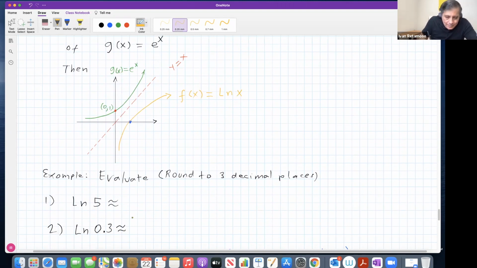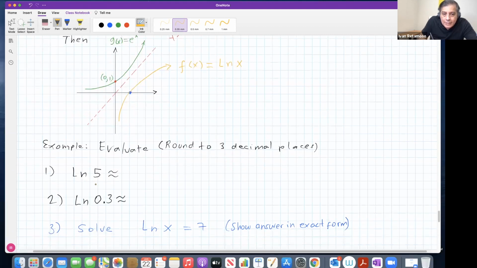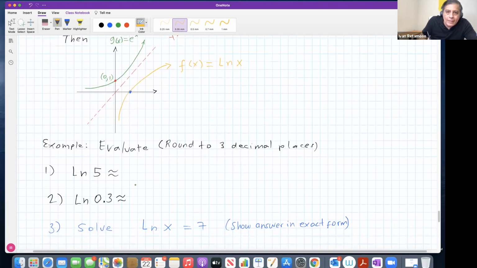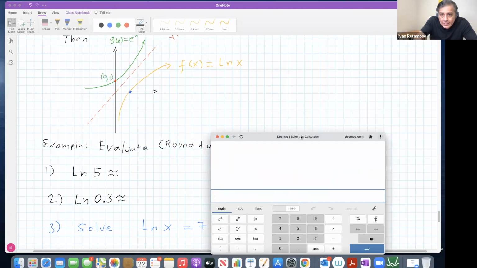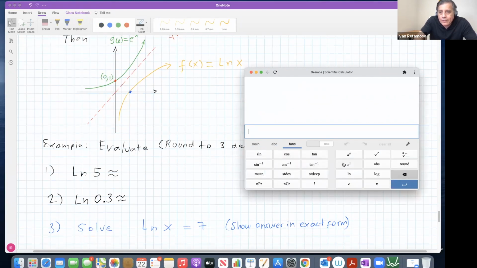Let's start by showing how to do some computations with this natural log of x function. For example, if they ask you to compute natural log of the number 5, they are basically asking you to do log base e of 5. Since this is an important function, when you go to the scientific calculator, there is a function reserved for natural log.